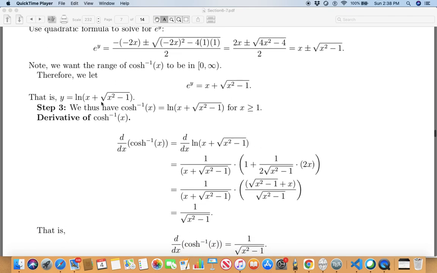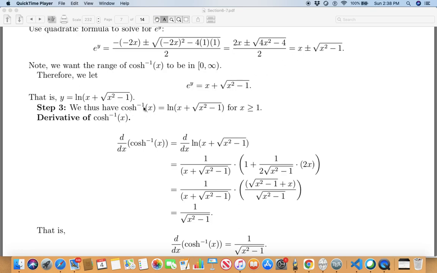Y is natural log of x plus square root x squared minus 1. If I had taken the negative, natural log is defined, but the overall value would have been negative. I want the overall value to be positive, non-negative. So that's why we made the choice of a plus in the middle.